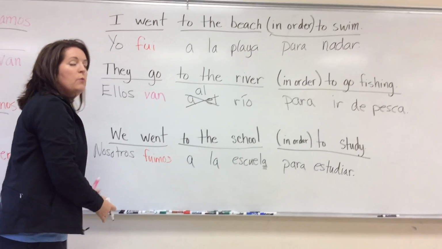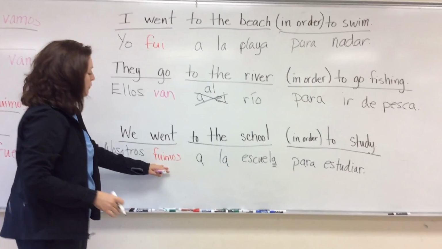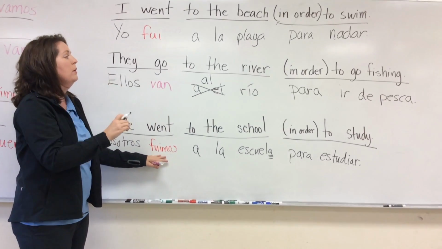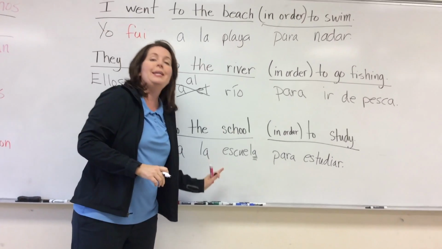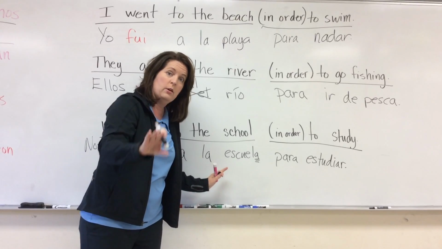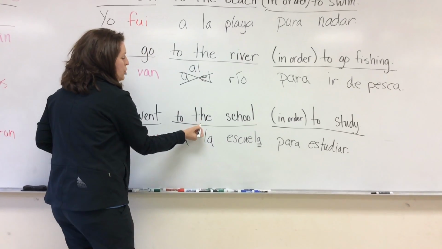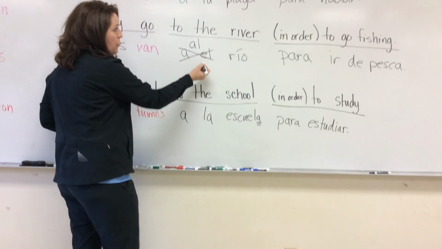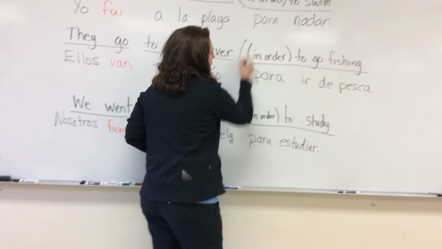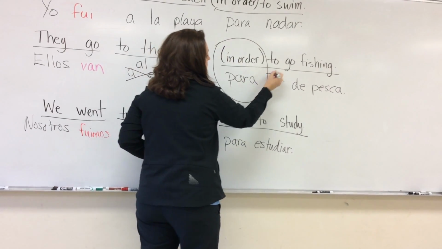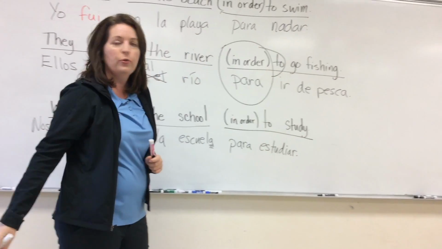You know this. You know voy, vas, va, vamos, van. You know fui, fuiste, fue, fuimos, fueron. You're learning places. It's up to you to memorize those. We know how to choose the and to the. We know that para, oops, include that, means in order to.